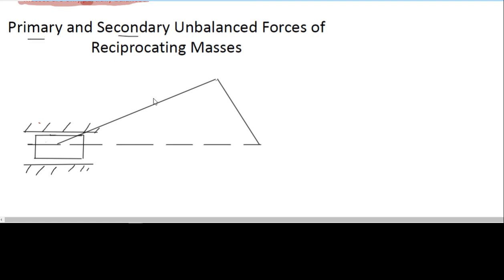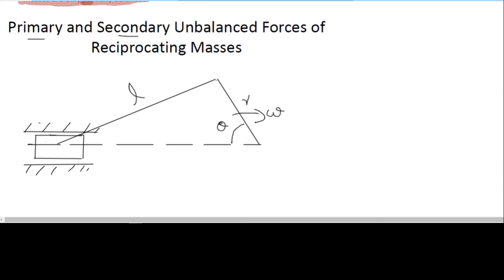So first, let us define some parameters of the slider crank mechanism. L is the length of the connecting rod. R is the radius of the crank. Let theta be the angle of inclination, and let the crank be rotating at an angular speed omega.